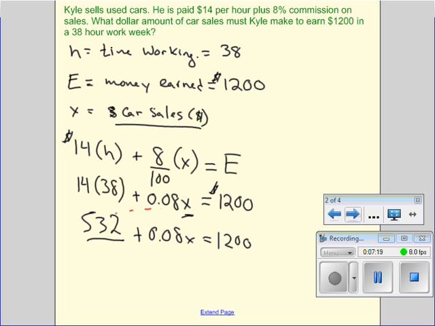So this goes over here, change the sign, 532. And I'm left with 0.08x is equal to 1,200 minus 532, which gives me $668.